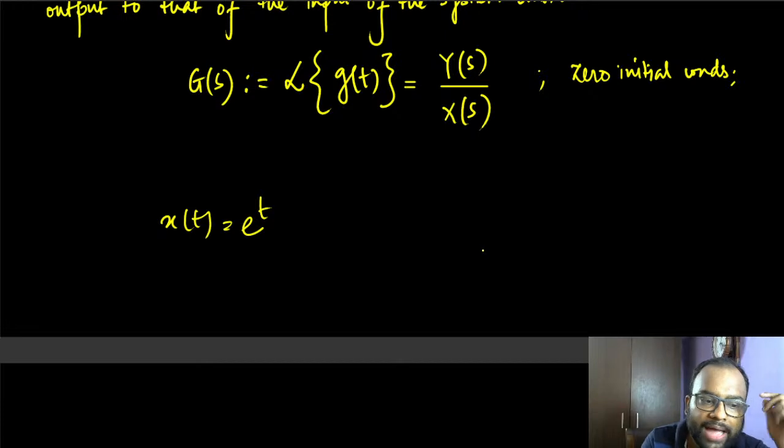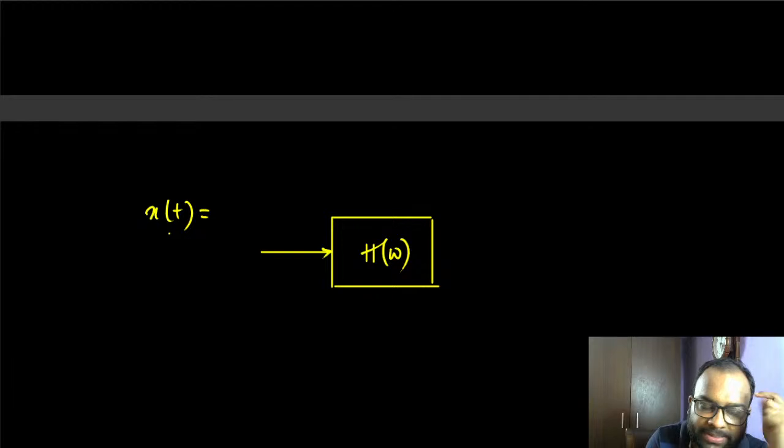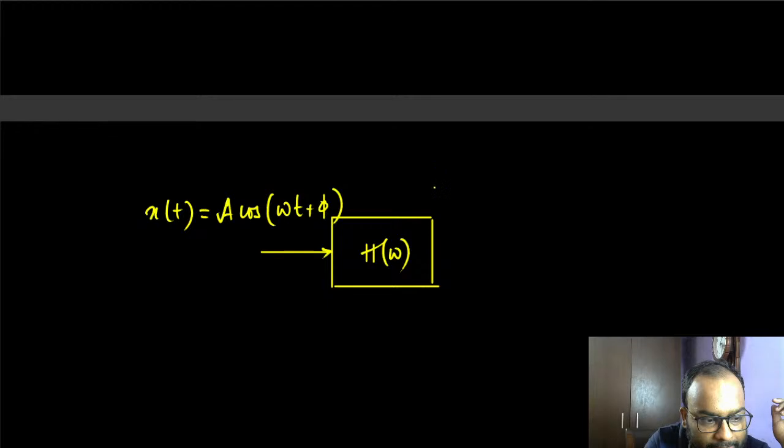Just like in the idea of frequency response. We realized that if the Fourier transform of the impulse response of this system was H(omega), and I excited this system with a signal x(t), which is a sinusoid, and any signal can be expressed as sinusoids as long as it satisfies the Dirichlet conditions, say a sinusoid of frequency omega plus some phase angle, then in the steady state the output is going to be A times mod H(omega) times cosine.